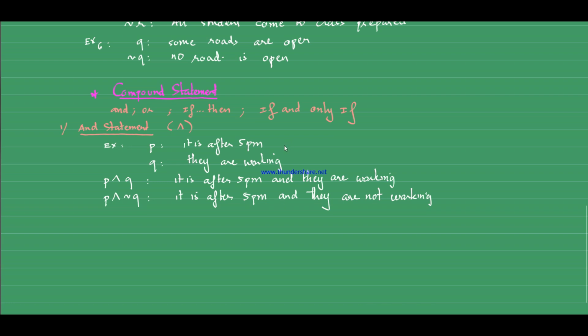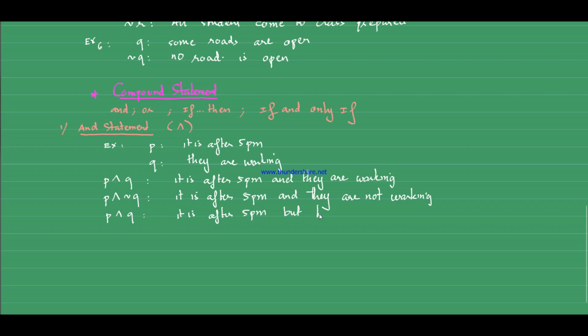So there are a number of ways to translate an AND statement. It could be "and" or it could be "but." So P and Q, P intersect Q, you can understand that it is after 5 p.m.